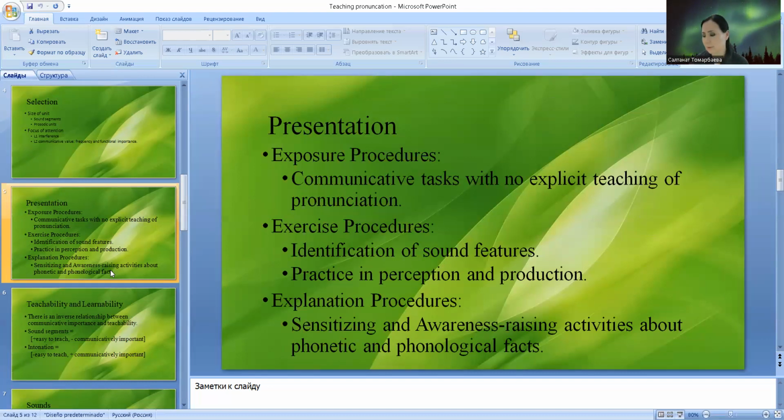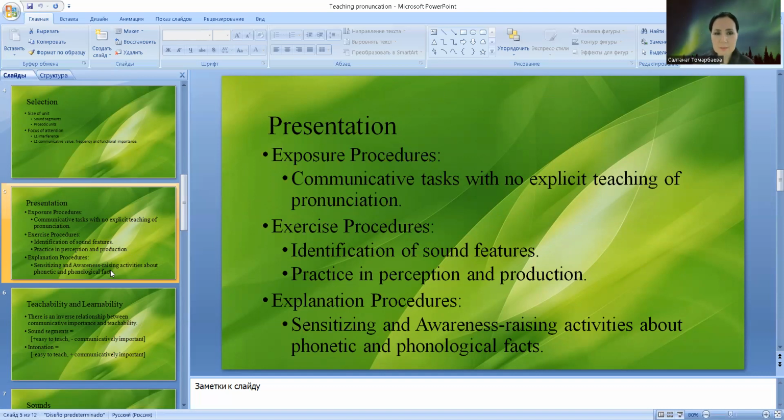phonetic and phonological facts. So here you can see, for example, communicative tasks with the explicit teaching of pronunciation. Communication also plays a big role in pronouncing your English very well.